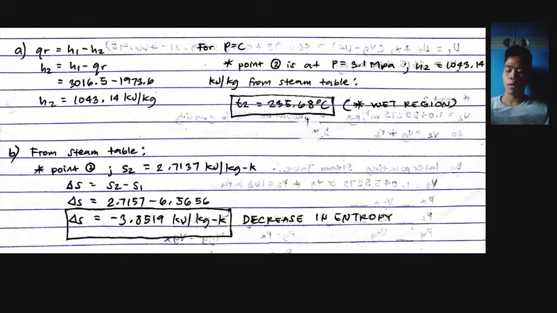And next, our solution for that is QR equals H1 minus H2. And next move will be H2 equals H1 minus QR. So, the value of H1 equals 3,016.5 rather, and for QR is 1,973.6.